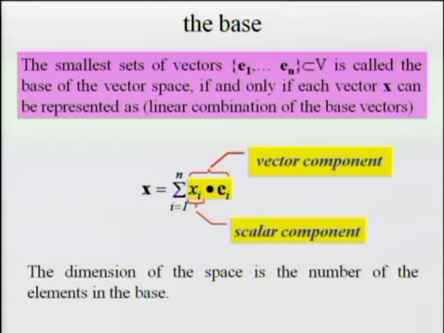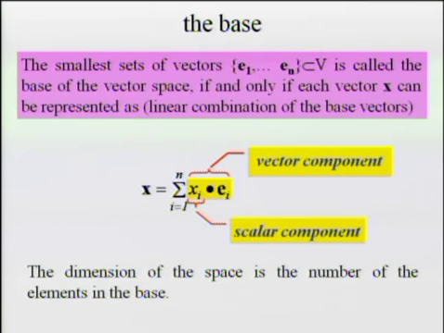Now, depending on how many base vectors we need to represent every vector in the space, we assign dimensionality of the vector space. If we need only two base vectors, then we say that this space is two-dimensional.